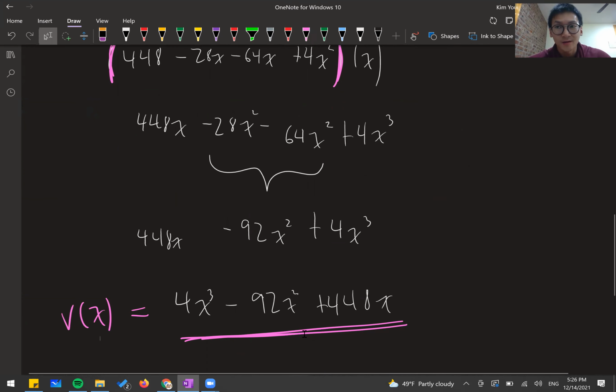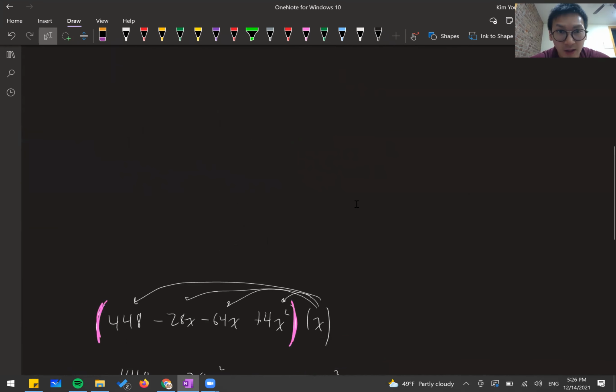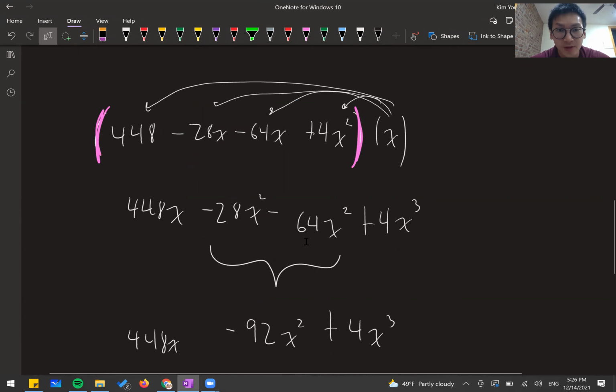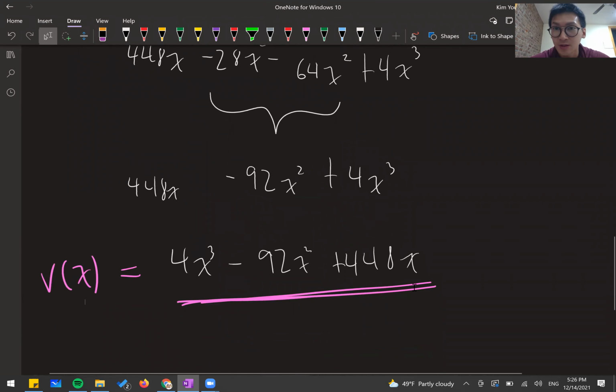Now, how do you know if you did this correctly? We can whip out Desmos and see. If everything was done correctly, if I put this into Desmos, and if I put this into Desmos, the graphs should be indistinguishable. In other words, they'll be the same graph.